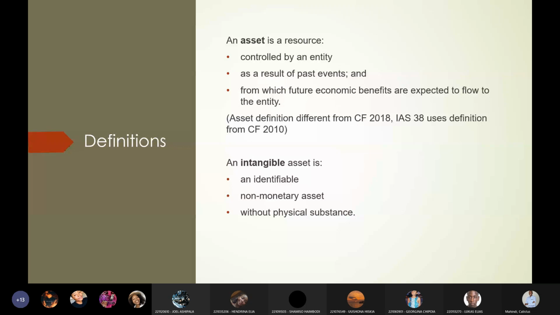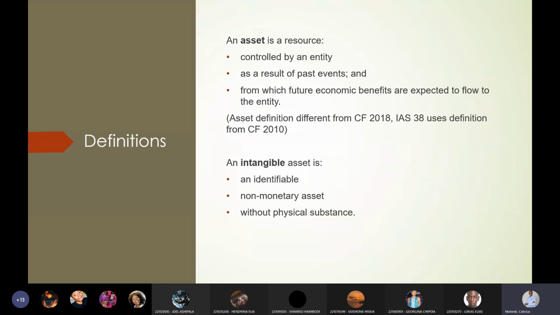All right. So how will we define an intangible asset? Before defining an intangible asset, it first needs to meet the definition of an asset. Now, the standard IAS 38 uses the definition of assets from the Conceptual Framework for Financial Reporting 2010.